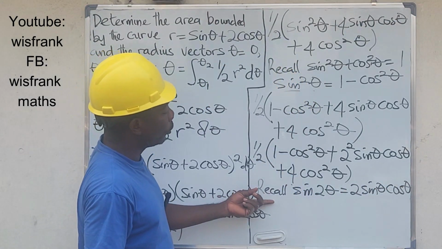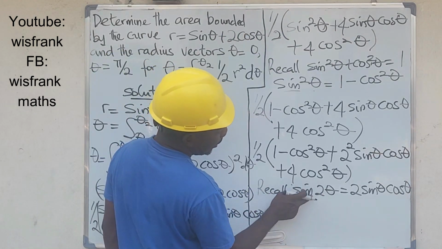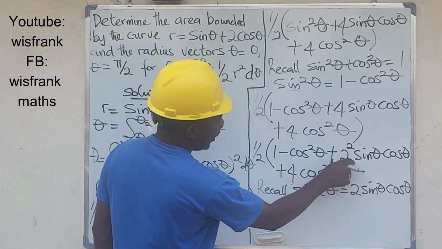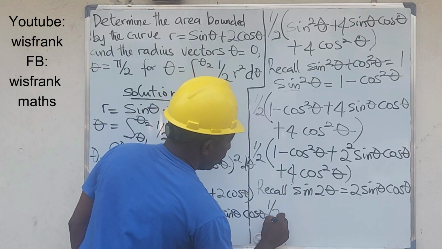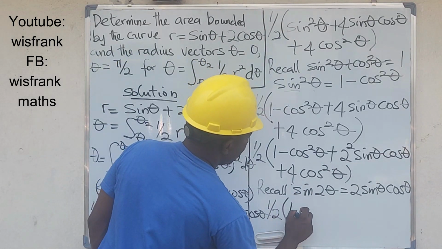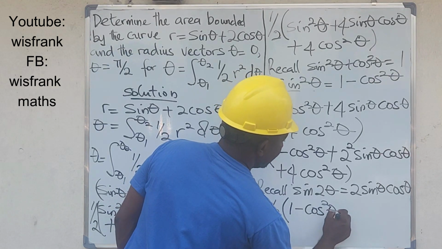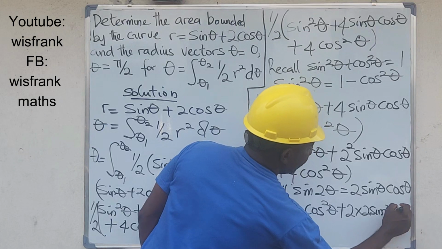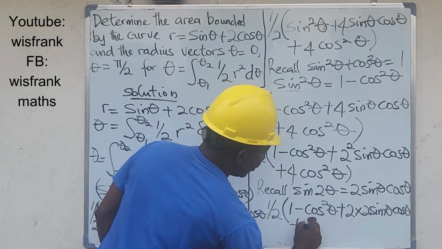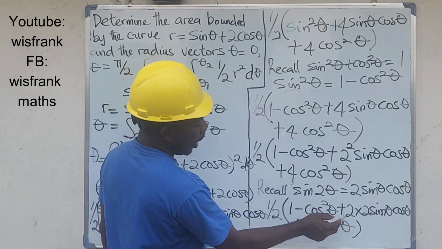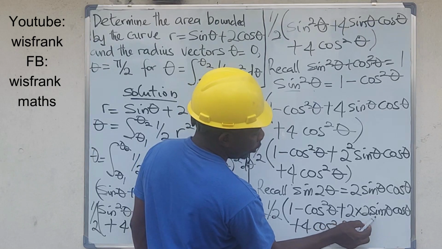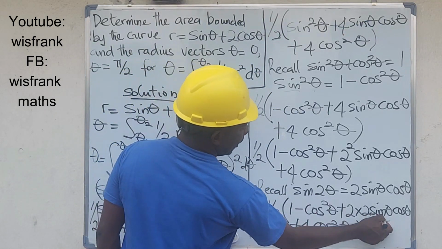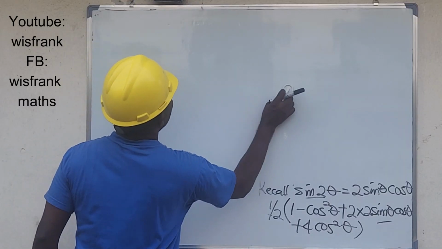So we are going to substitute this sine 2 theta into where we have this. So we have 1 over 2 into 1 minus cos squared theta plus 2 times 2 sine theta cos theta, then plus 4 cos squared theta. In this expression, we have 2 sine theta cos theta, so the next step is to substitute this into this place. So we need to clean this.